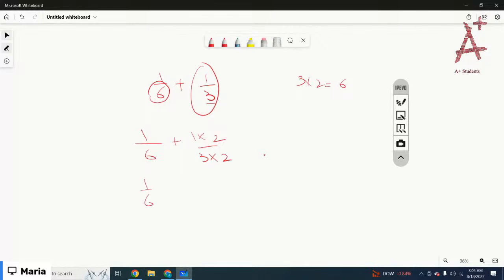So it would be 1 over 6 plus 2 times 1 is 2 and 2 times 3 is 6, right? So they have the same denominator, just add their numerators. So 2 plus 1 is 3. It would be 3 over 6, right? So it is 3 over 6.